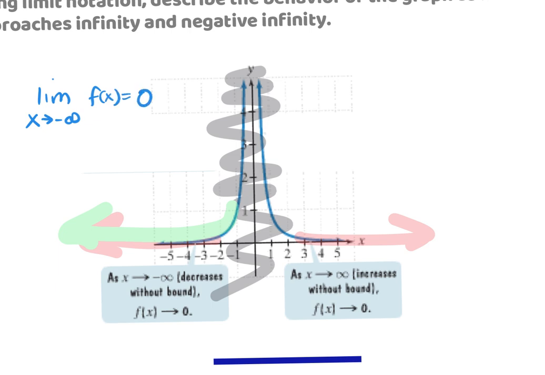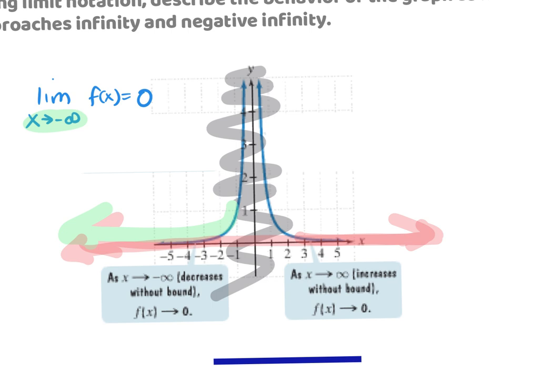So when I'm talking about the left-hand behavior, it means what happens when my x values approach negative infinity. In this example, where there's a horizontal asymptote, those values are going to get very, very close to 0, but never actually hit 0 because there's an asymptote there.